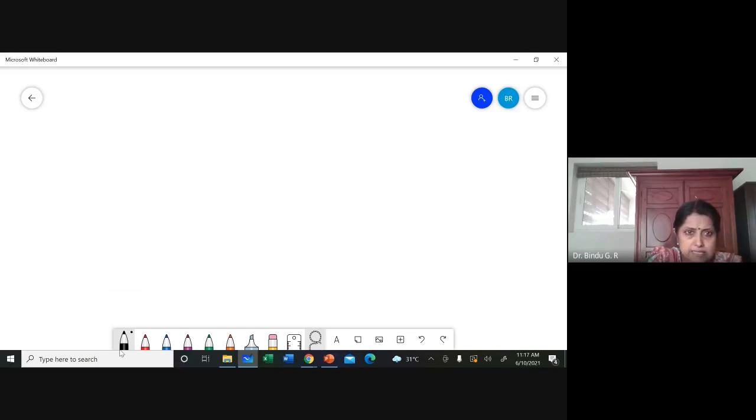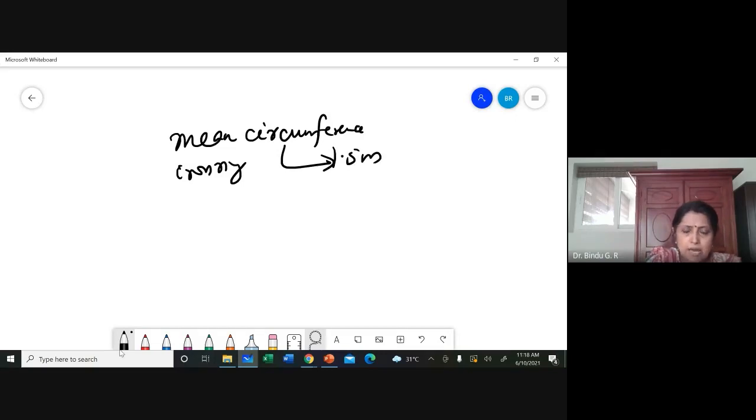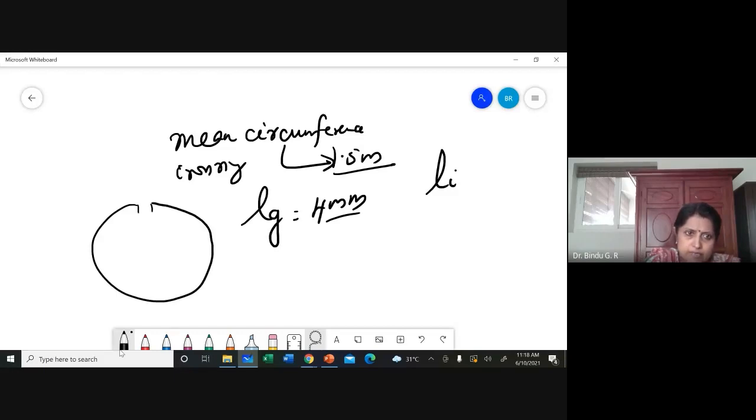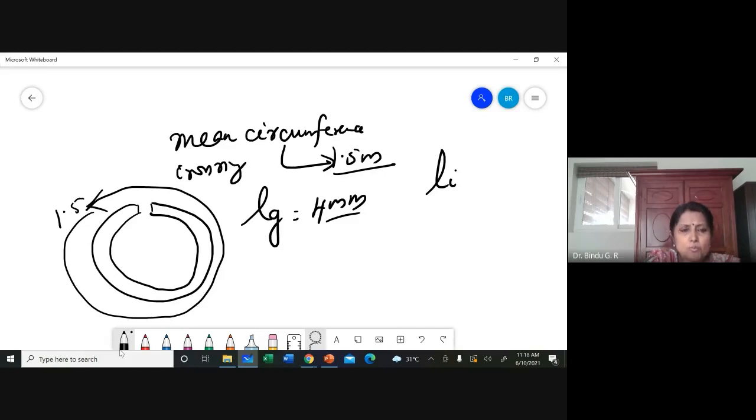You are given the mean circumference of the iron ring as 1.5 meter and the Lg was separately given as 4 mm. So what is Li? The mean circumference of the iron ring was given as 1.5, which was the total. You may have to decrease that 4 mm, so Li is equal to 1.5 minus that 4 mm.